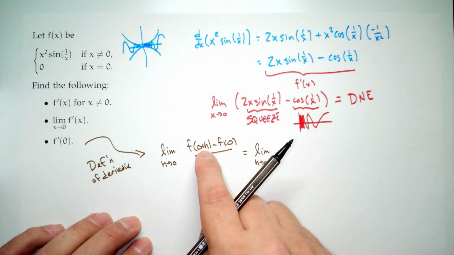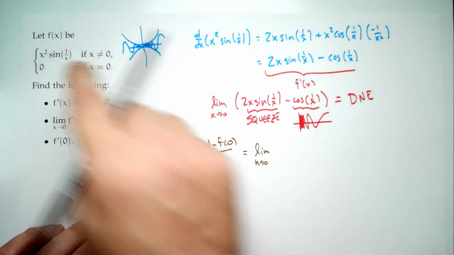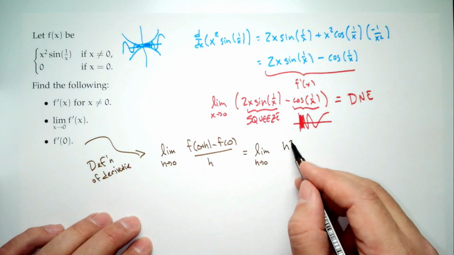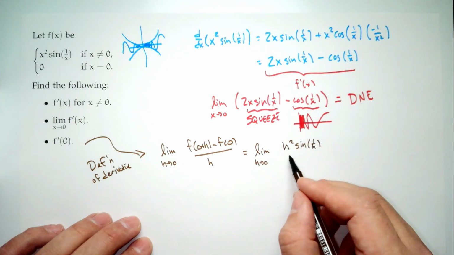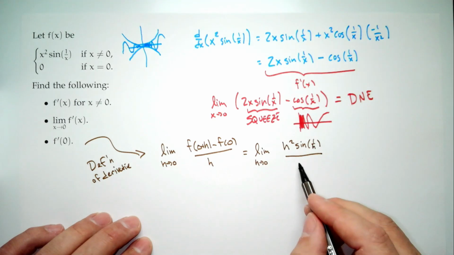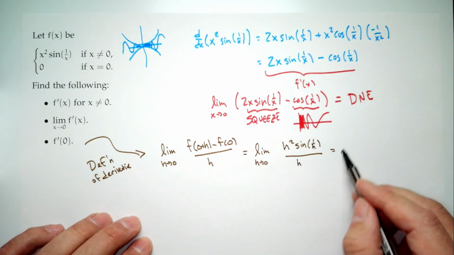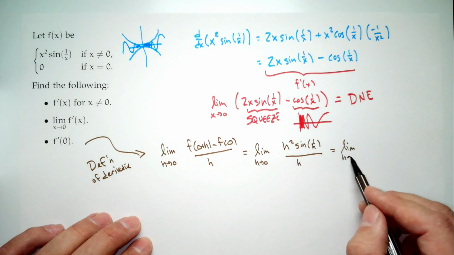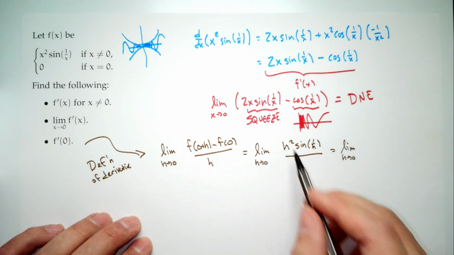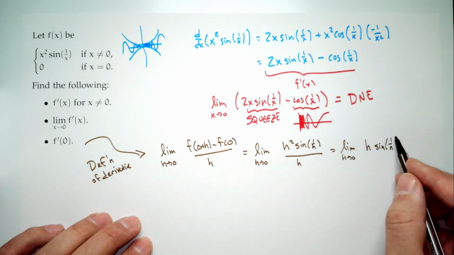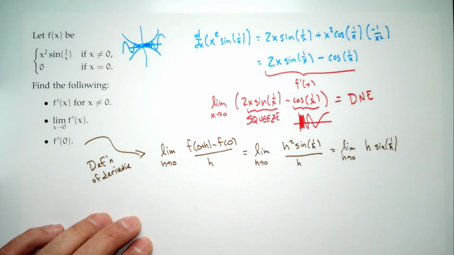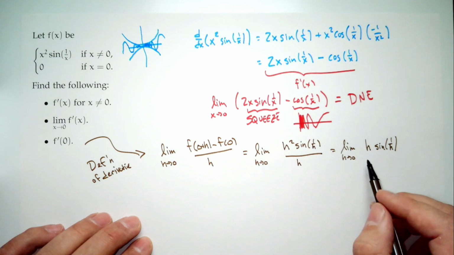Now, f of h, well, h is not 0, so it's h squared sine 1 over h, and I'm going to divide it downstairs by h. So this becomes the limit as h goes to 0; I can cancel off a single h, so I get h times sine of 1 over h. Well, what does this limit do?